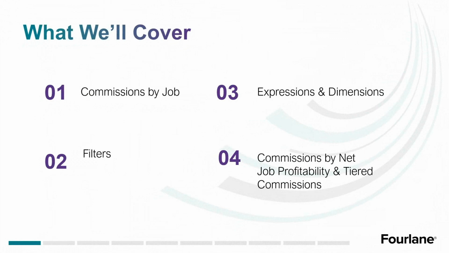Then we're going to look at a couple of additional reports towards the end: commissions by net job profitability, and also a tiered commissions report, meaning if you hit X marker, then you get a bump in your commissions because you went above and beyond what we expected of you.